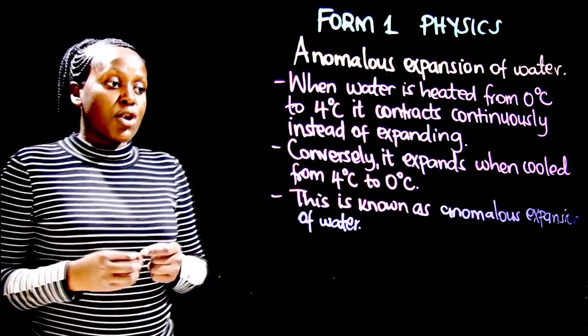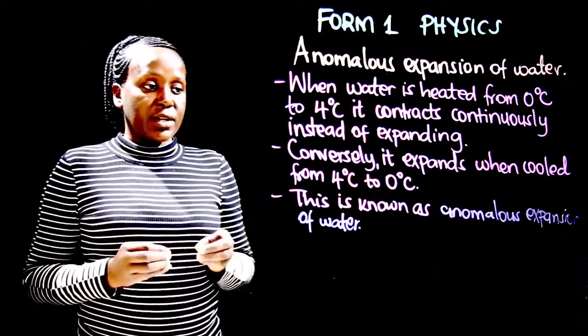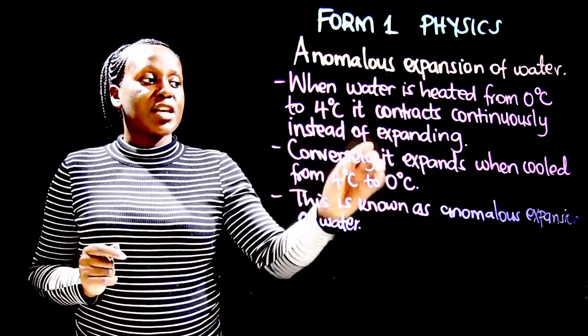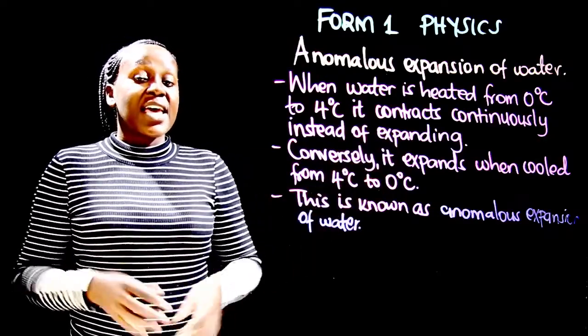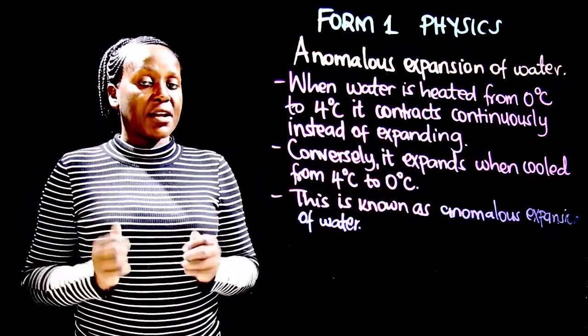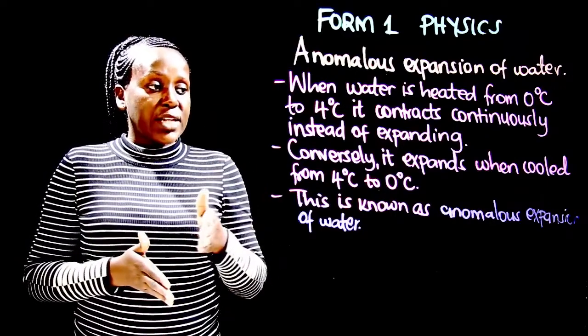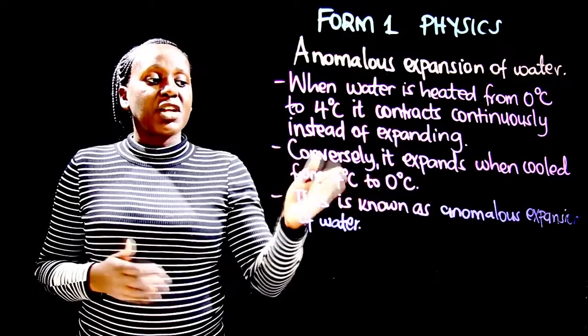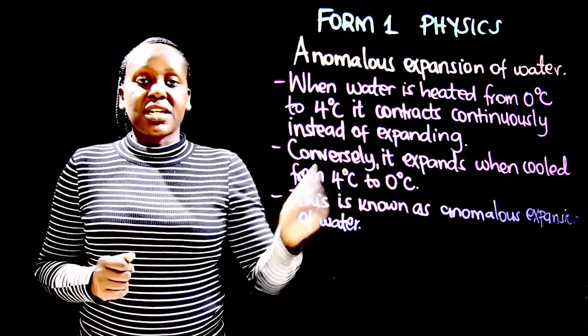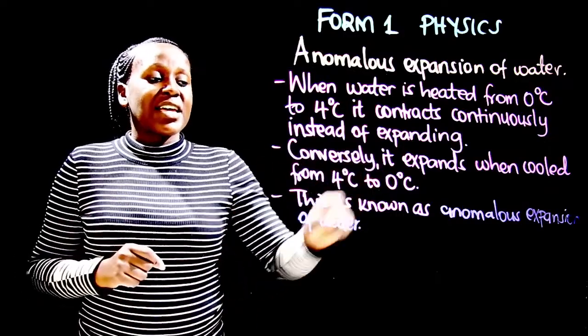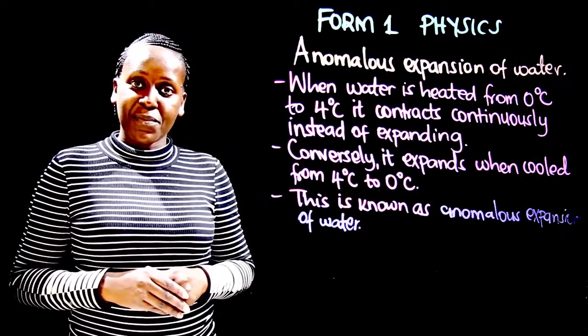In the same case, when water is cooled from 4 degrees Celsius to 0 degrees Celsius, instead of contracting, remember, when we cool liquids, they contract. But water, when cooled from 4 degrees Celsius to 0 degrees Celsius, instead expands, okay?